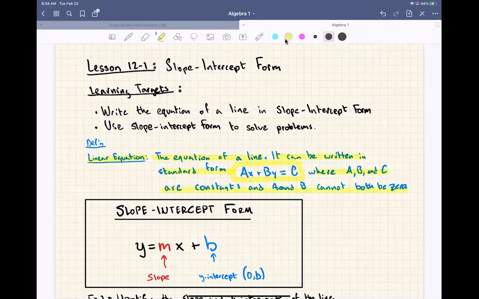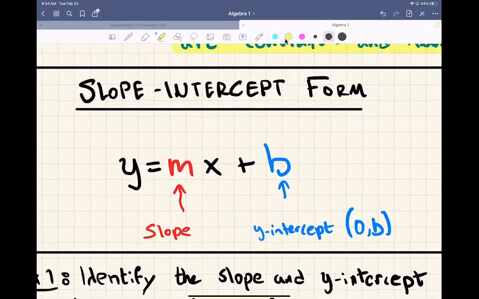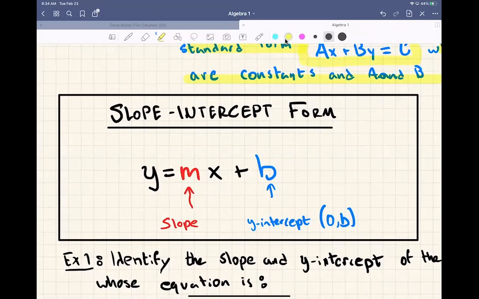But first, let's go over what slope-intercept form is. It's when you have an equation that looks like this: y equals mx plus b. Sometimes it won't say y, you can also have f of x. Basically, it's a number in front of x plus b, which is another number.